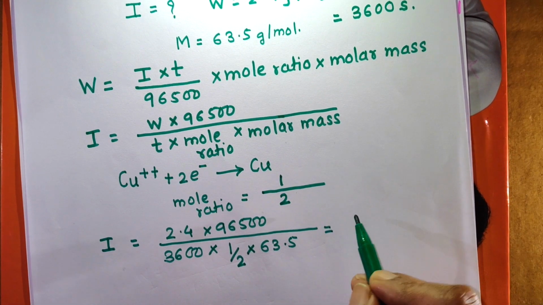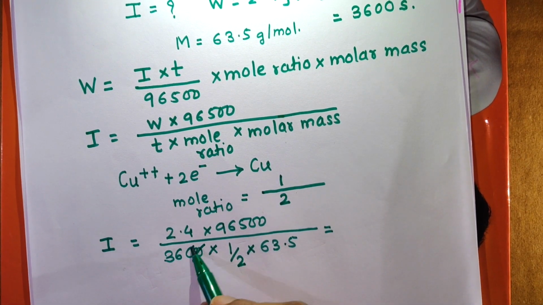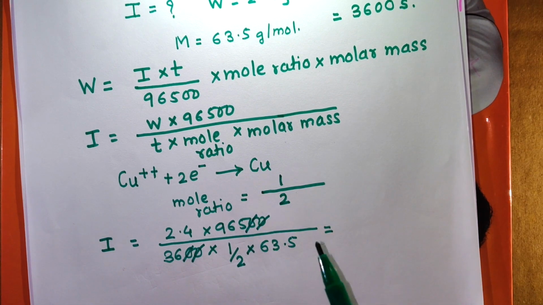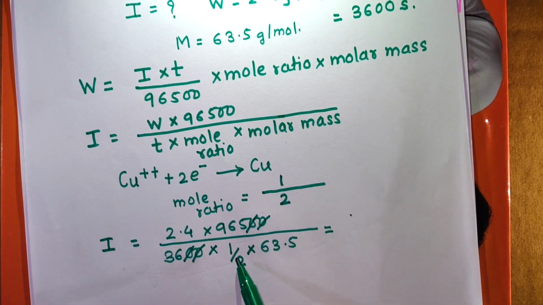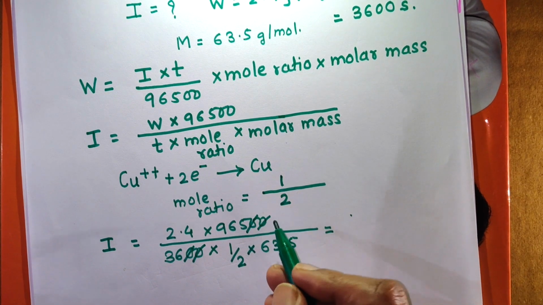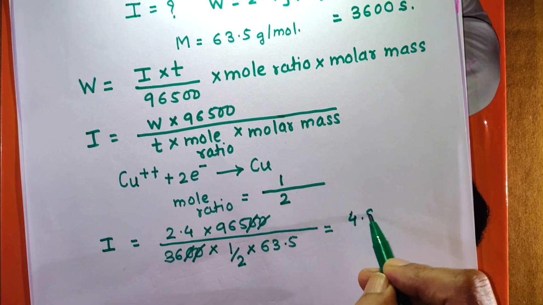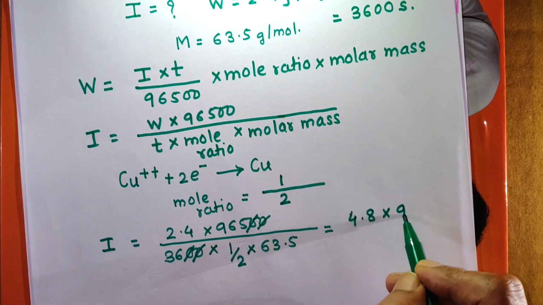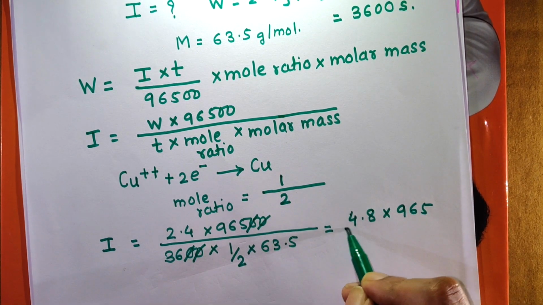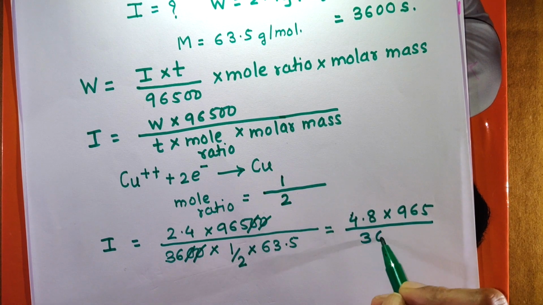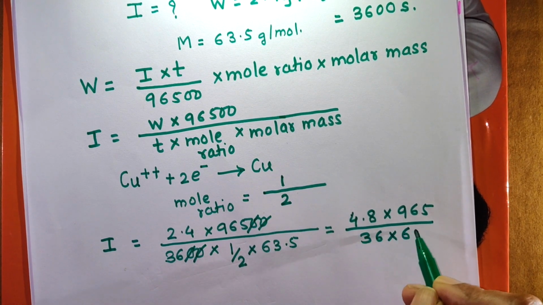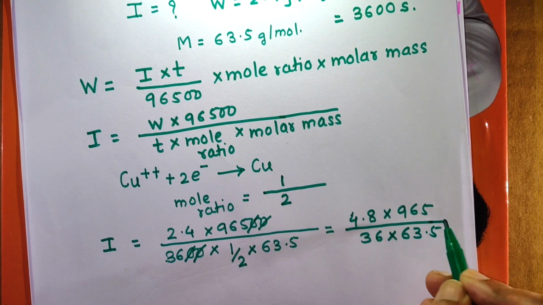So here again you can cancel these zeros. 2.4 upon 1/2 is equal to 2.4 into 2, and so you can obtain it as 4.8 into 965 divided by 36 into 63.5.